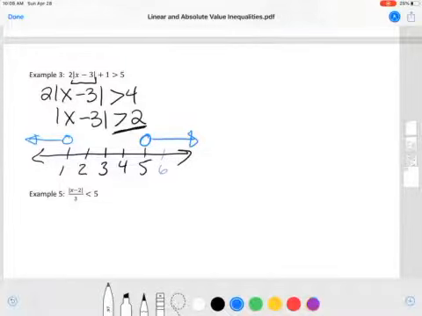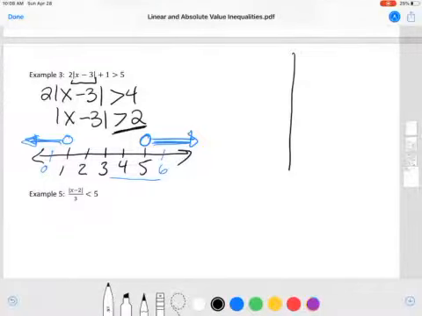Because if I pick 6, anything on this interval here that's greater than 5, that's going to be a bigger distance of 2 away from 3. And if I pick, say, 0, something on this interval here, that's going to be a bigger distance of 2 away from 3. So now let's go ahead and finish solving this algebraically.